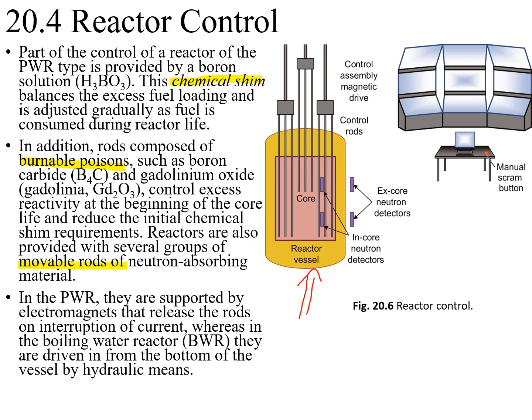So those control rods are inserted from the top for the pressurized water reactor, and actually they can be dropped into the core using gravity. However, for the boiling water reactor, the control rods are inserted from the bottom, because on the top, the boiling water reactor must use the moisture separator.